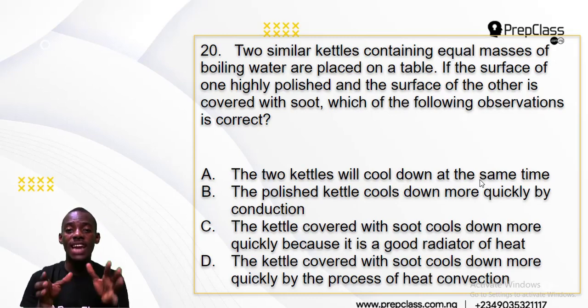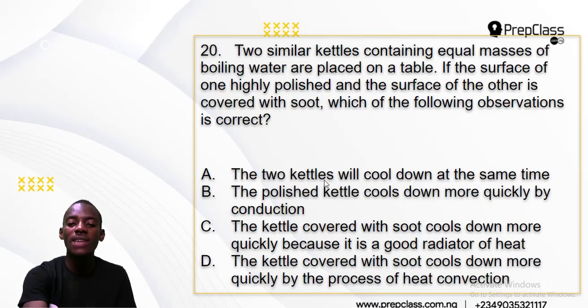Then you have kettles on the table with boiling water, and the bottom of one is covered with soot. What soot? The black particles you have on kettles when you put them on a stove. When the fire is too much, it will form black dust on the kettle. That black particle is on one, and the second kettle is clear, is neat. There is no soot, there is no black spot. Okay, so now what will happen?